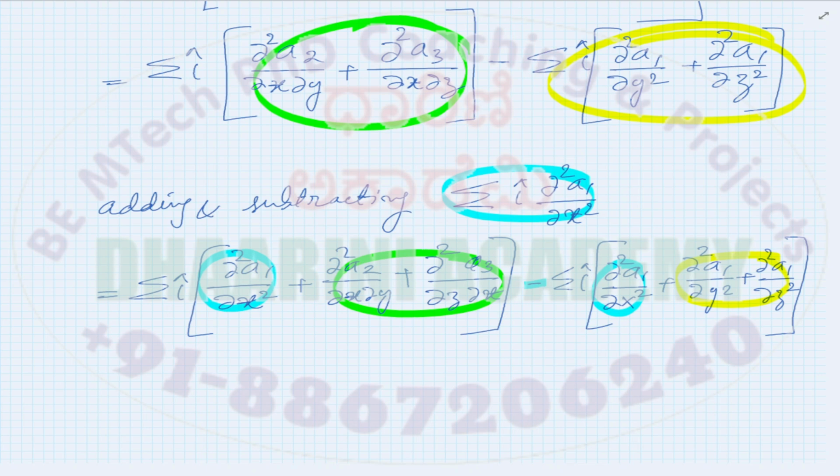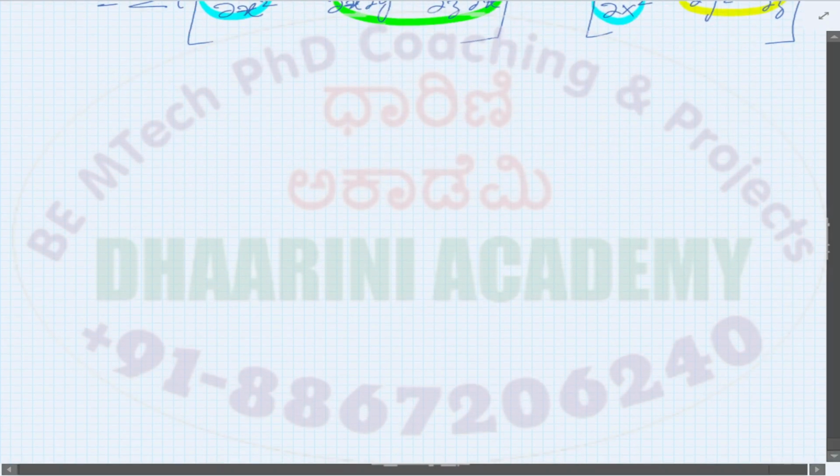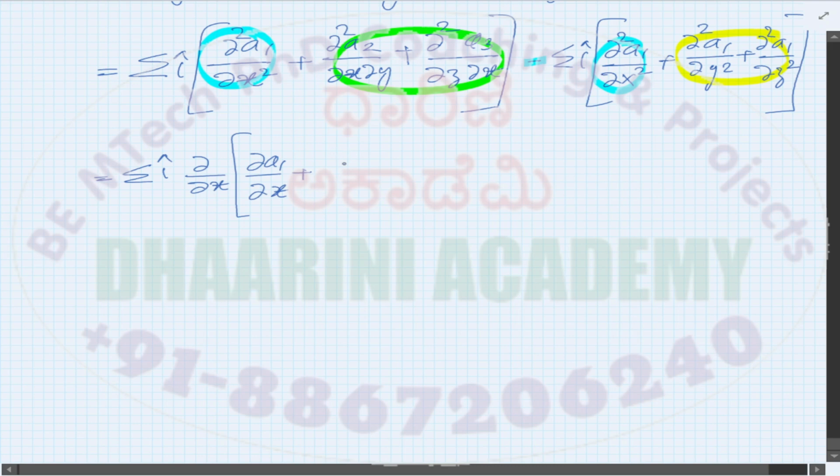Once this is done, in the next step, let's do this so that it becomes easier for us. I'll try to take a ∂/∂x term outside. This is summation I cap as it is. Then I take ∂/∂x outside the first term, because when I take it out, this is ∂A1/∂x, one of the ∂/∂x has gone out, and this has ∂A2/∂y plus ∂A3/∂z.